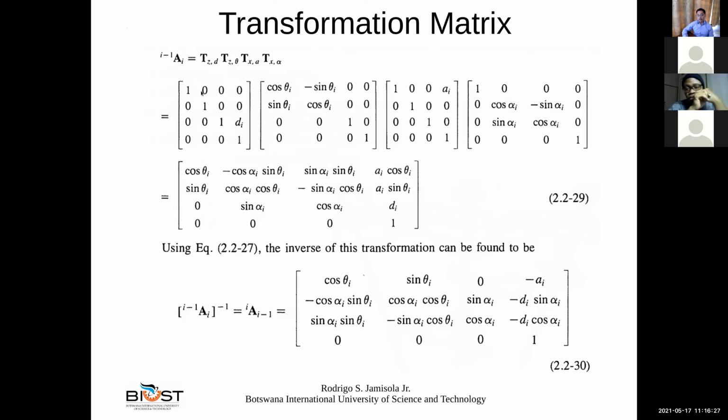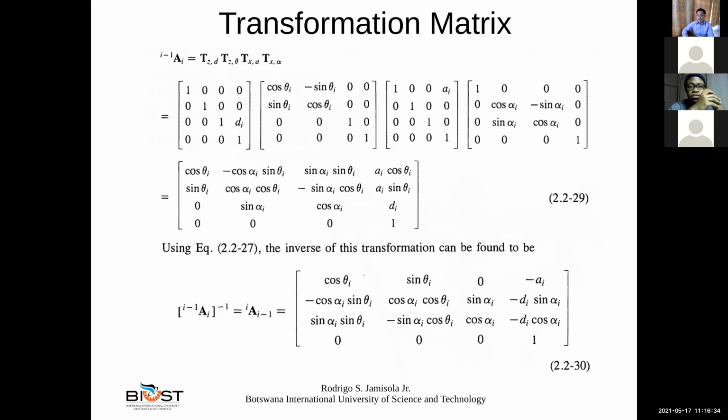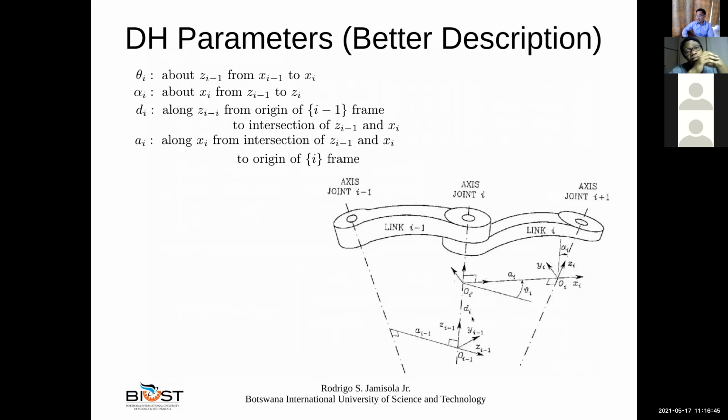And so given those four parameters for DH convention, we can transform using four basic transformations from the frame I minus 1 into frame I. So in this case, this is frame I minus 1.